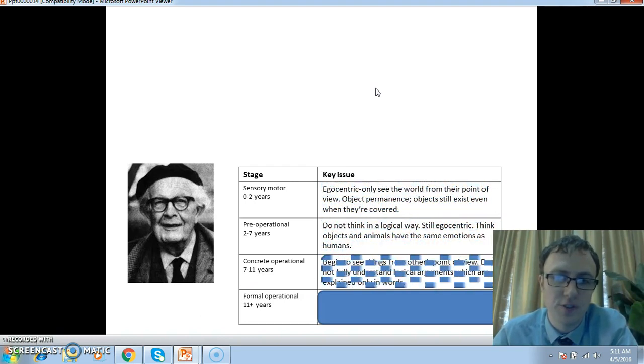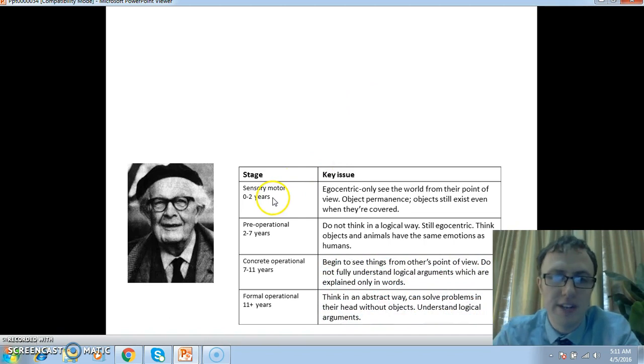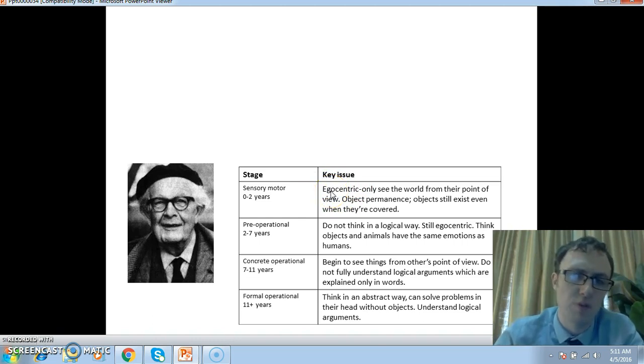Now, if we have a quick recap, if we remember, during the infant stage, the infant is egocentric. They cannot sympathize, put themselves in someone else's shoes and see the world from their point of view. Object permanence comes in at about 18 months, where they begin to realize that just because an object is out of view, it doesn't cease to exist.